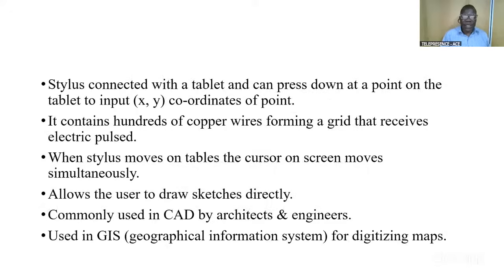The stylus is connected with a tablet and can press down at any point on the tablet to input the XY coordinates of that point. It contains hundreds of copper wires forming a grid that receives electric pulses. When the stylus moves on the tablet, the cursor on screen moves simultaneously, allowing the user to draw sketches directly.